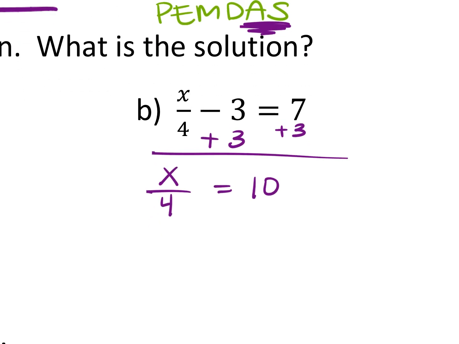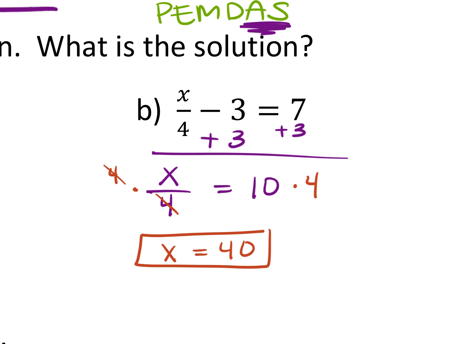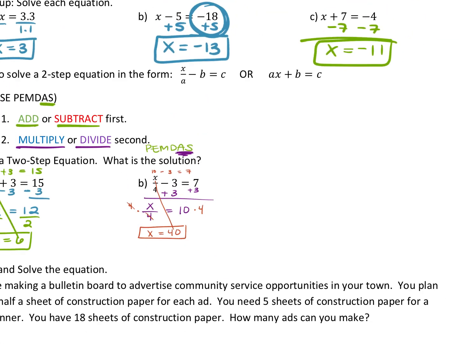What are we multiplying by? The 4. So if you multiply by 4, 4 over 4 is 1, but you have to do it to both sides. So you get x equals 40. And again, if you plug it in, 40 divided by 4 is 10, minus 3 is 7. So you can very quickly check your work on these to make sure that you have the right thing. Okay? Questions on that?